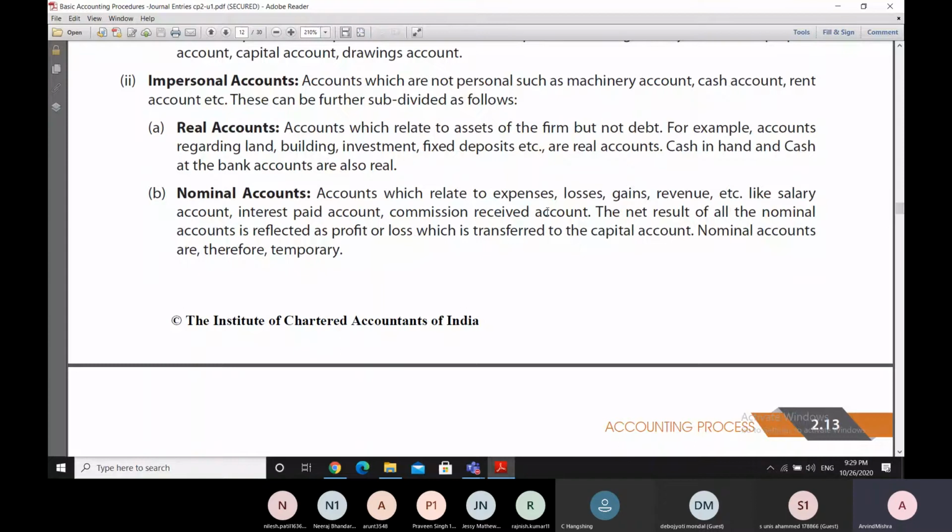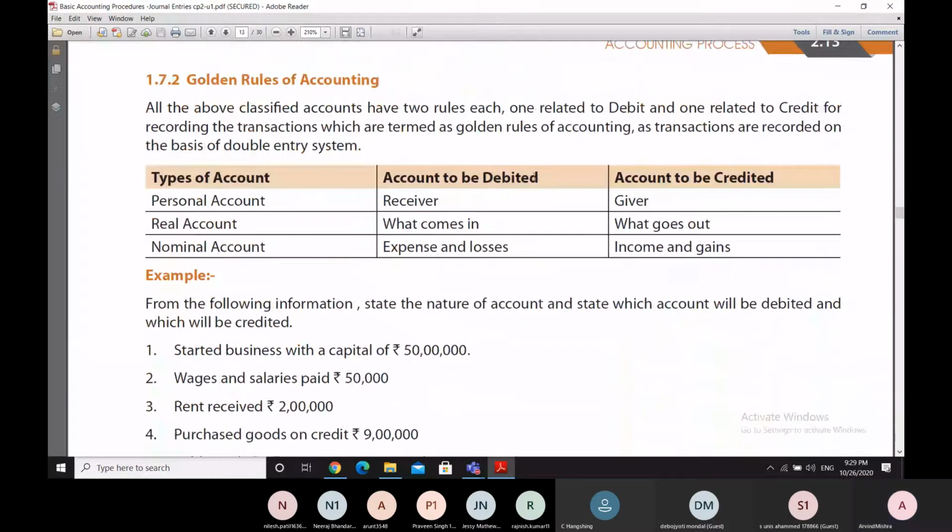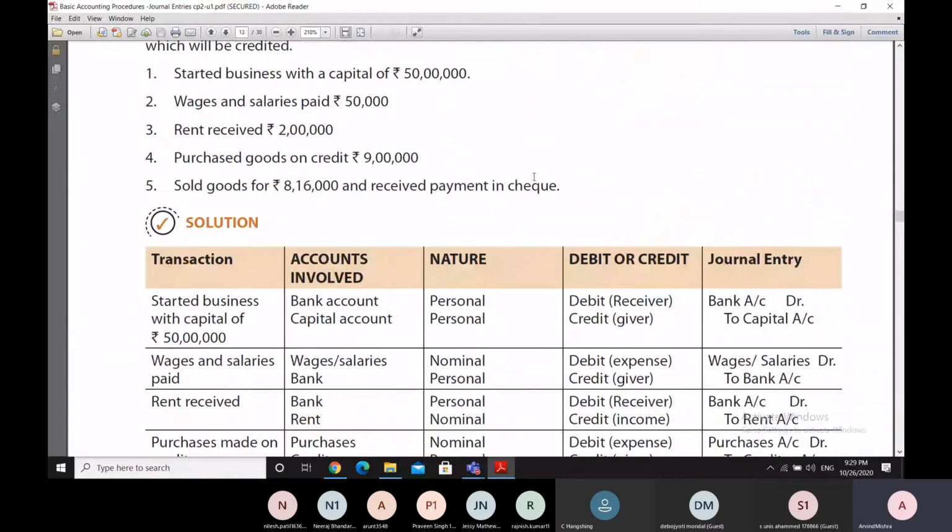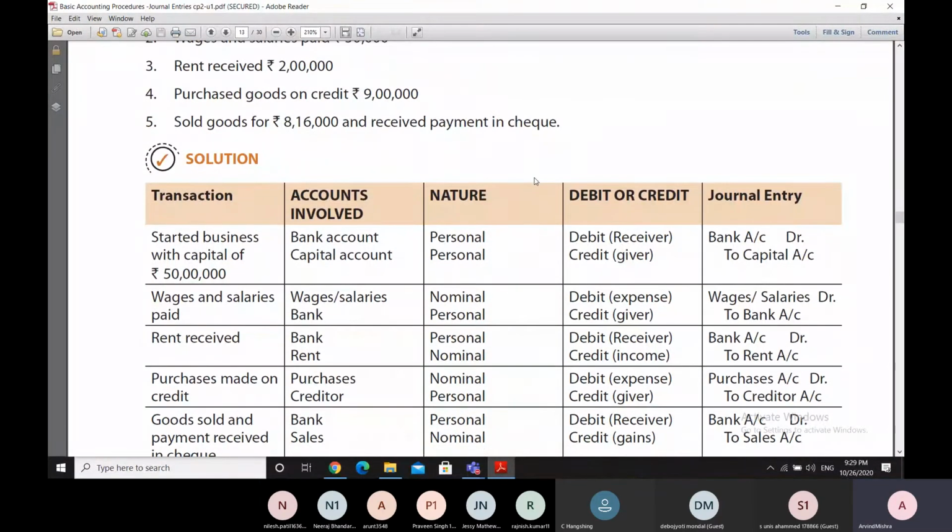Nominal accounts are like all the other expenses, losses, gains and revenue accounts. Similarly here, when wages are being paid, that is a nominal account and it is coming out of the bank. So bank is the giver, and bank account is a personal account of the proprietor, and therefore we credit the giver and we debit the expenditure here.